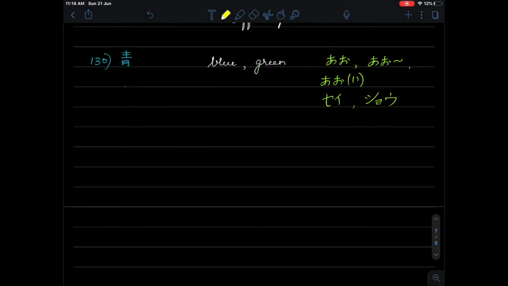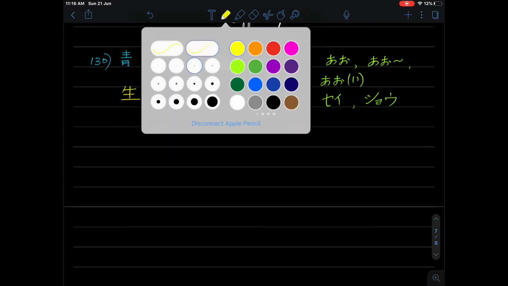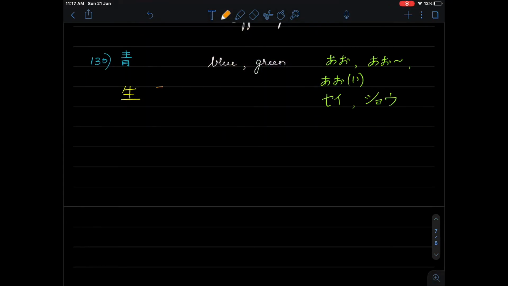Just one point of difference. Please note that the sei and sho that we have seen so far, this is slightly different from the part that we write in blue or green. You know, there is no extra stroke over here which is present over here. That stroke is not there, but it is supposed to represent the same thing.